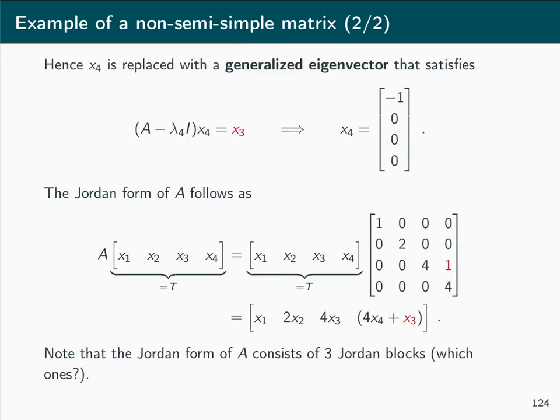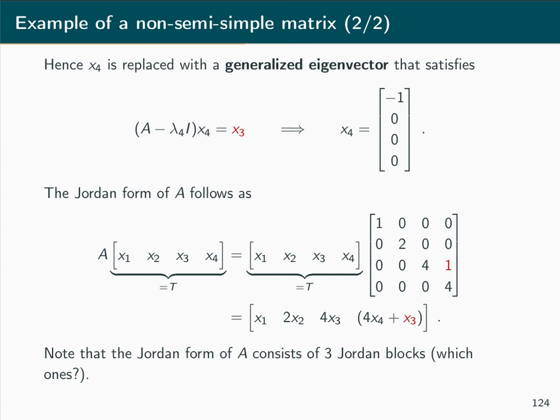As you probably know from undergraduate linear algebra, in this case, x4 is replaced with what's called a generalized eigenvector. And this generalized eigenvector has to satisfy this condition. So instead of asking that (A minus lambda 4 I) x4 be equal to 0, we ask that it should be equal to x3.